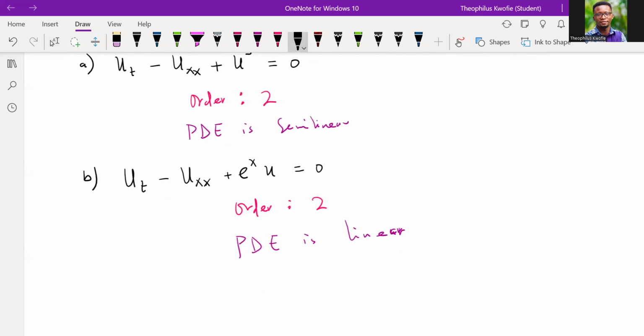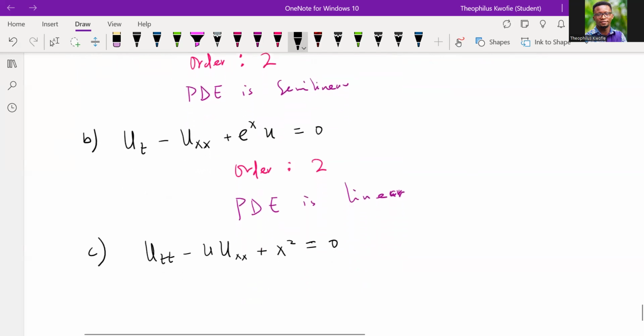All right. Now let's look at the C part of this problem. So for the C part, we have u_tt minus u multiplying u_xx plus x squared equal to 0. What is the order of this PDE? That is 2.